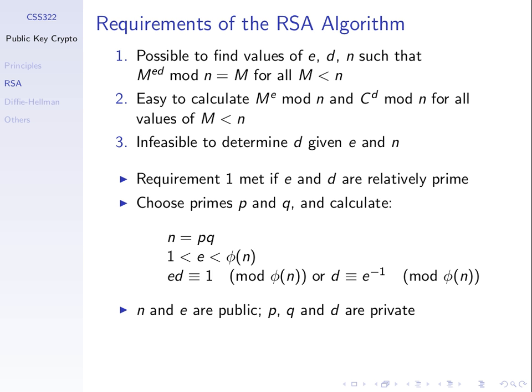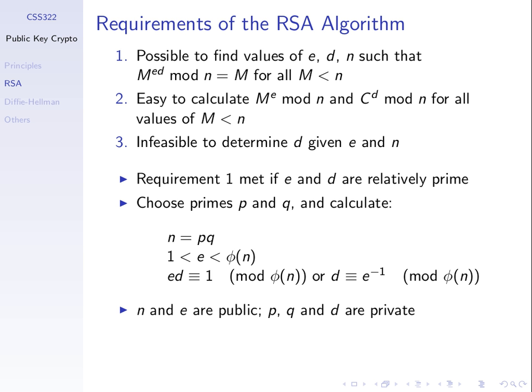Well, we need to choose some value N, E and D. For choosing a value N, we need to be able to calculate its totient, because I need to check whether E is relatively prime with the totient of N. Calculating the totient of a large number is practically impossible, unless that large number has prime factors that we know.